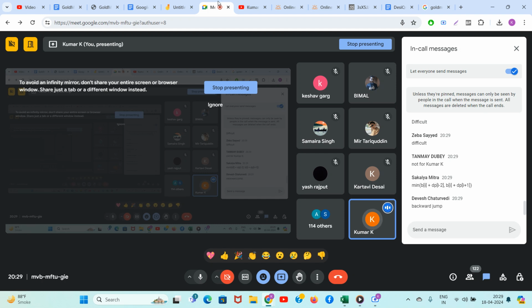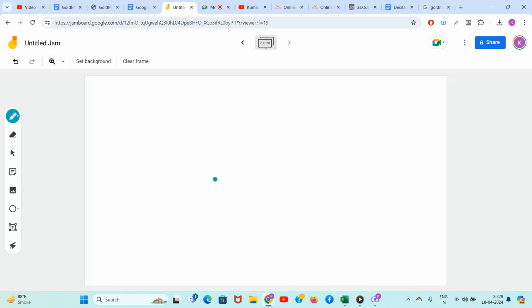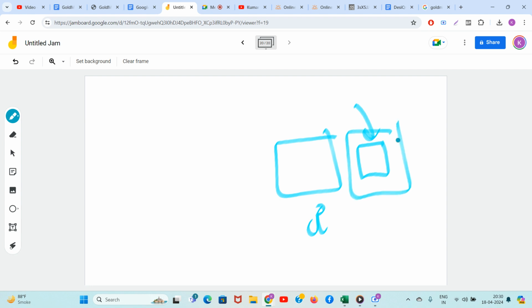No Sakalya, that is not correct. It gives wrong answer. You need to be careful, because you cannot write directly like that. At index I, you cannot say that you are visiting this and then writing dp of I plus 1 as the answer, because you don't know if dp of I plus 1 is considering this move or not.